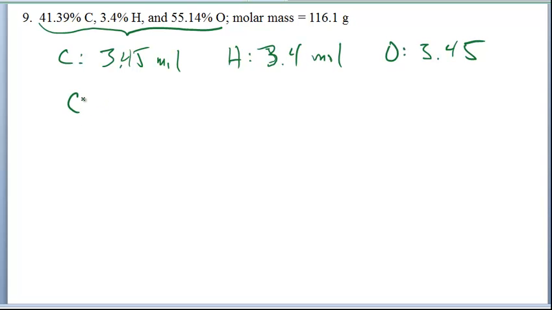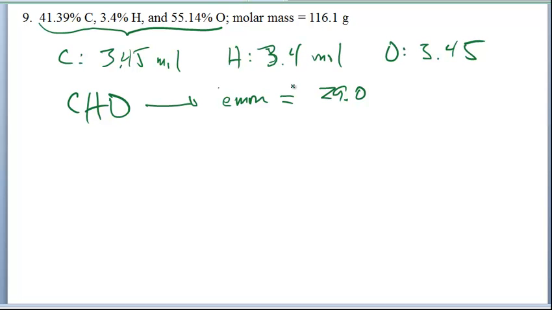So right off the bat, you know that the empirical formula is simply CHO. That gives us an empirical molar mass of 12 plus 16 is 28, plus hydrogen is 29, so 29.0.